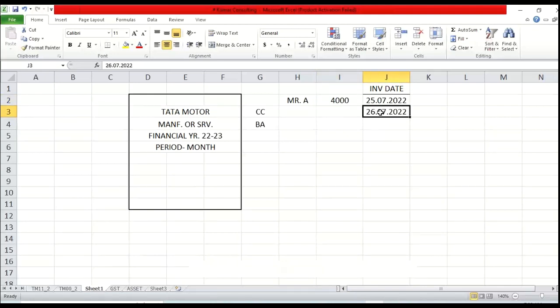Now let's suppose today is the 5th. On the 5th, he was taking out certain things from his drawer, and then he found this invoice.